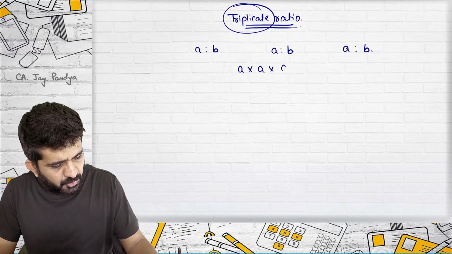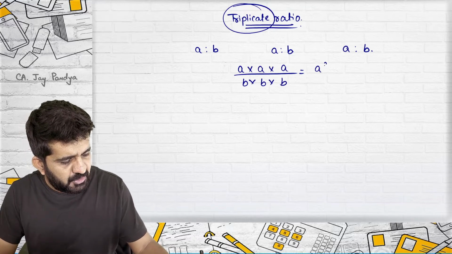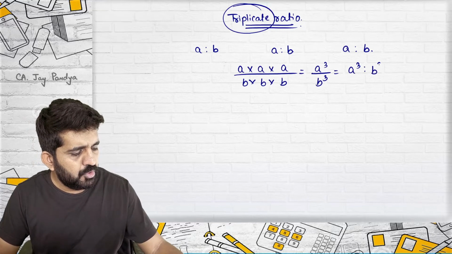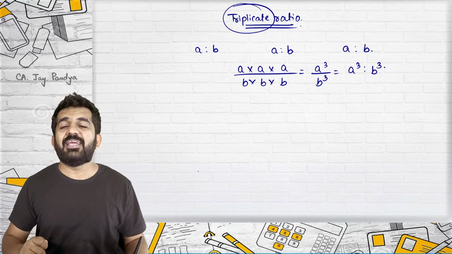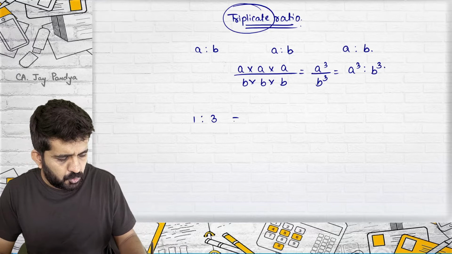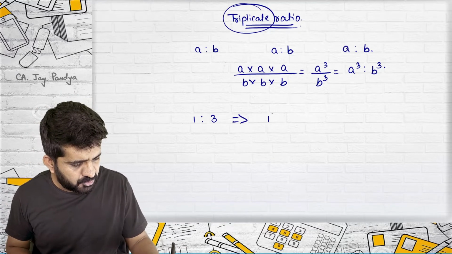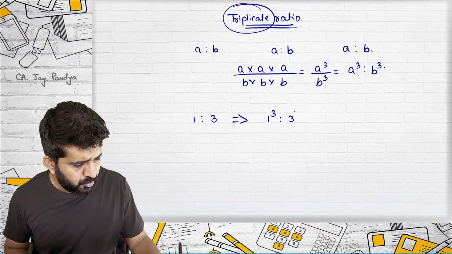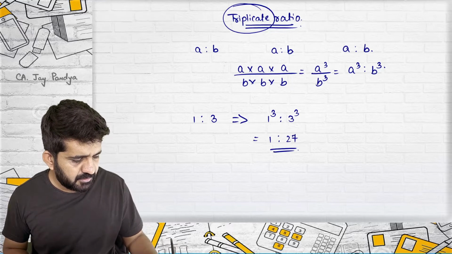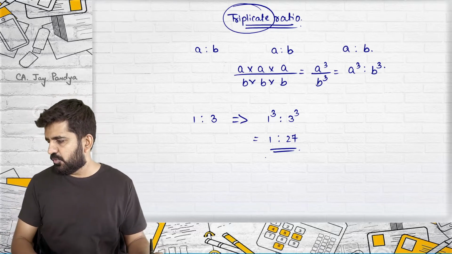A into A into A divided by B into B into B, which is A cube divided by B cube, nothing but A cube is to B cube. This will be triplicate ratio of A is to B. If a ratio is say 1 is to 3, triplicate ratio of 1 is to 3 is 1 cube is to 3 cube, which is 1 is to 27. This is the concept of triplicate ratio.